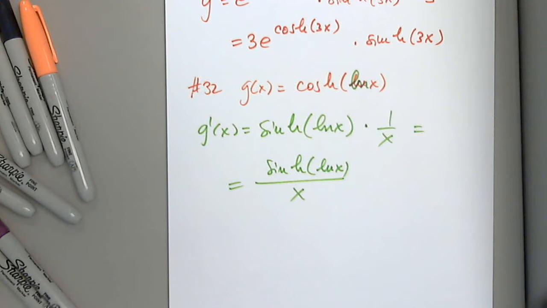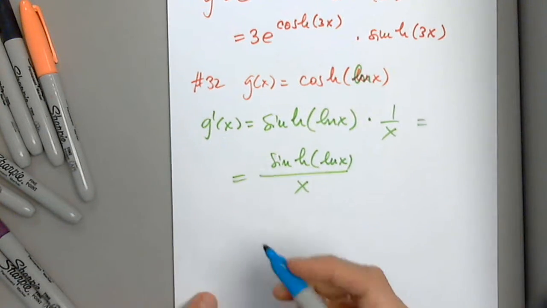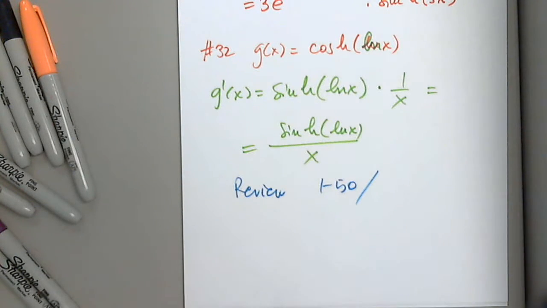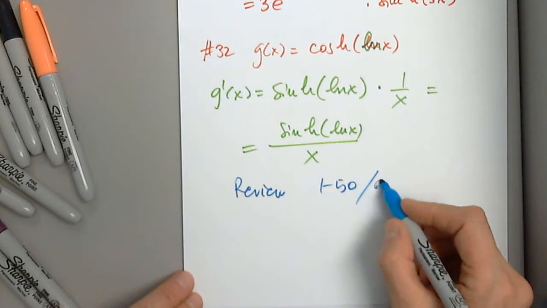Okay, so let's look at other problems. I'm on page 265, and we choose problems to review the entire chapter. So let's choose first to determine y prime from 1 through 50. So we start the review now. 1 through 50 on page 265.